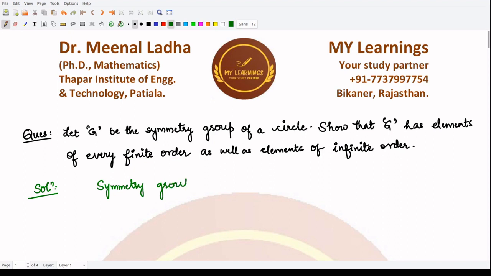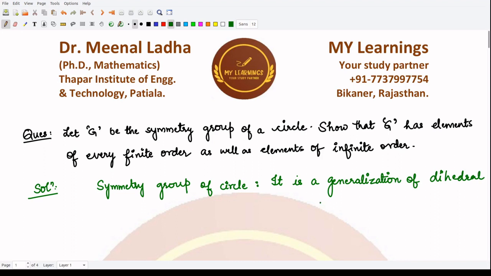It is nothing but a generalization of the dihedral group that we study for regular polygons. So I may write it as a generalization of the dihedral group of polygons.